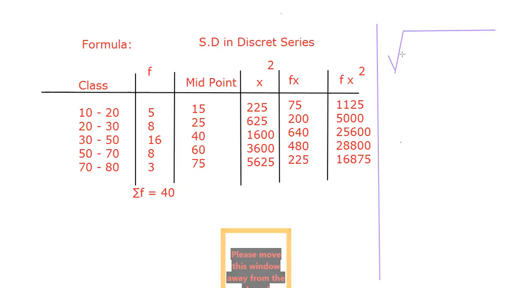So this is a square root of sigma fx square divided by sigma f minus sigma fx divided by sigma f, to the whole square.